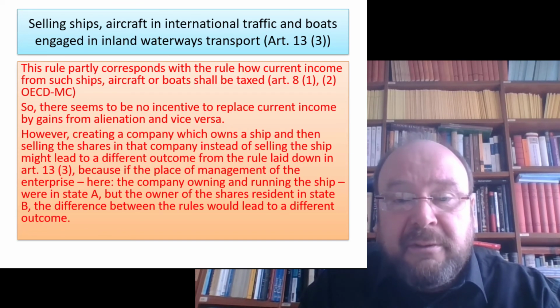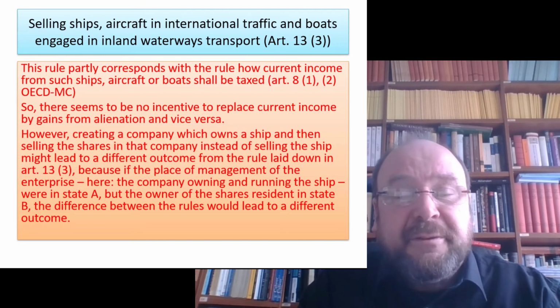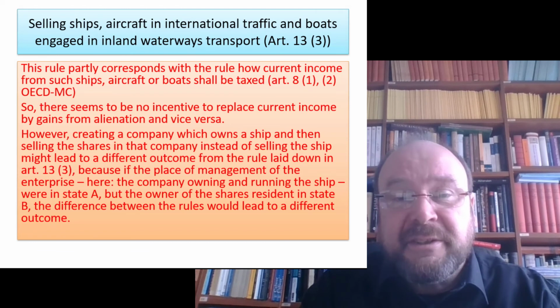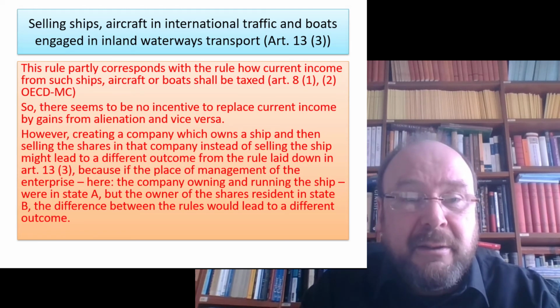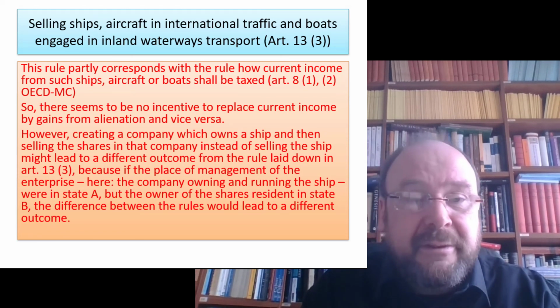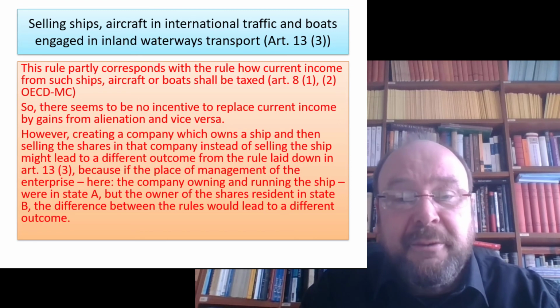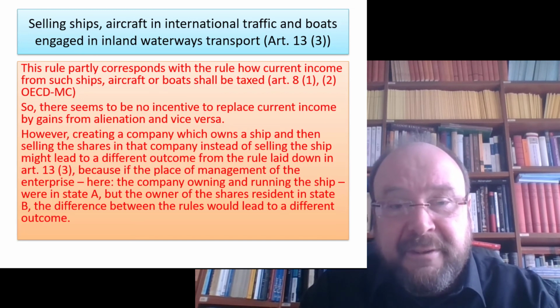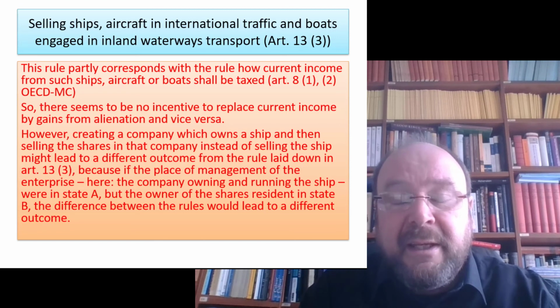By the way, the reason for that rule with the place of management is, if you look for the location or place of registration of the ships, all that can be permanently changing, or the registration place can be arbitrarily manipulated or chosen. So the place of management is the thing which is probably connected with real life in the best possible way.